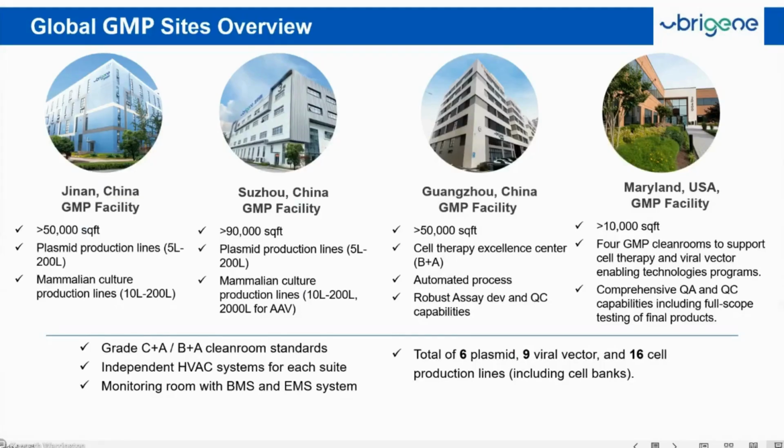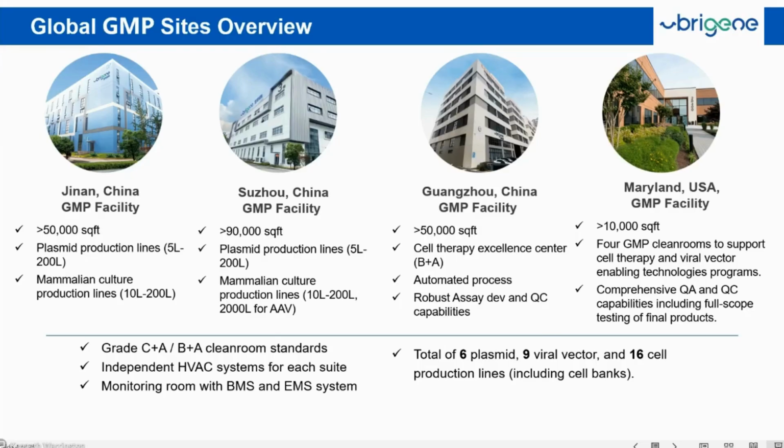Briefly, our facilities are listed here. In addition to our centers of excellence for plasmid production and viral vector production in Jinan and Suzhou, we also have a cell therapy excellence center in Guangzhou.